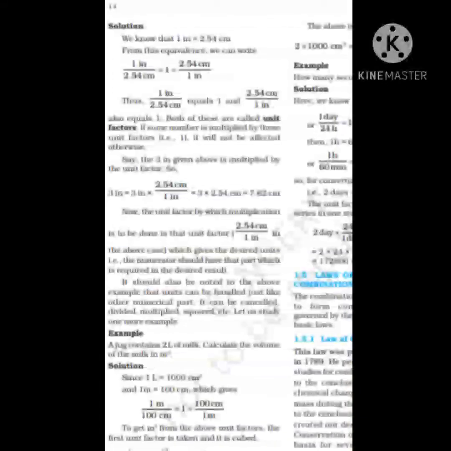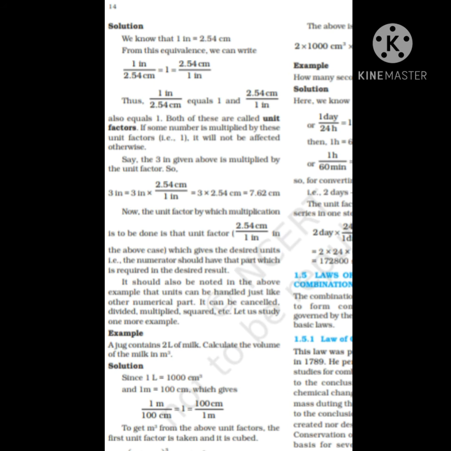We know that 1 inch equals 2.54 centimeters. From this equivalence, we can write 1 inch divided by 2.54 centimeters equals 1, and 2.54 centimeters divided by 1 inch equals 1.